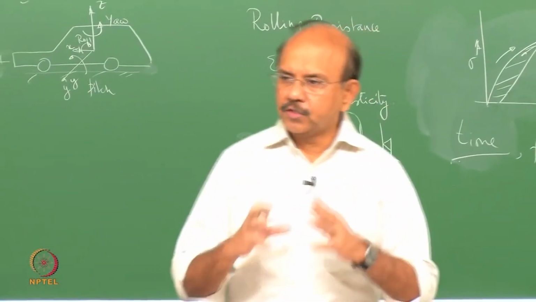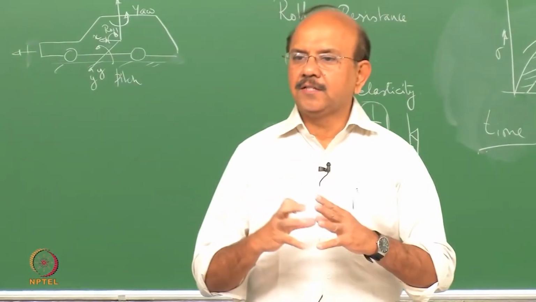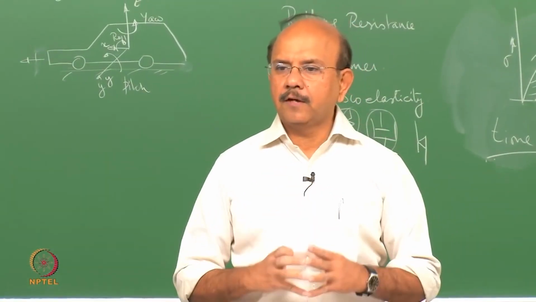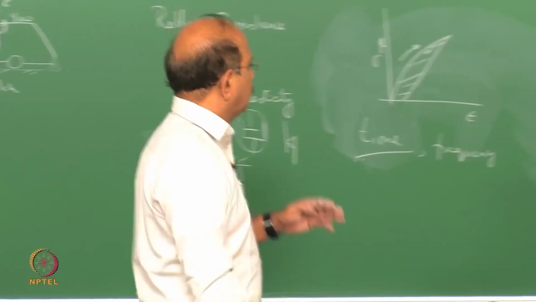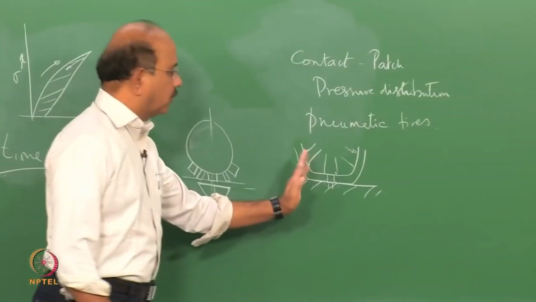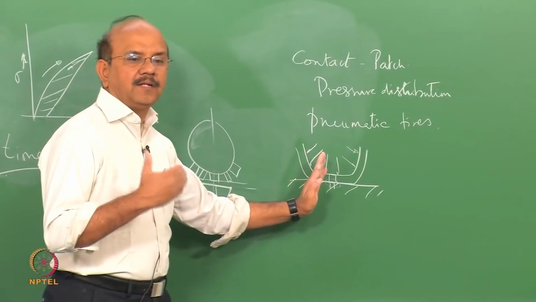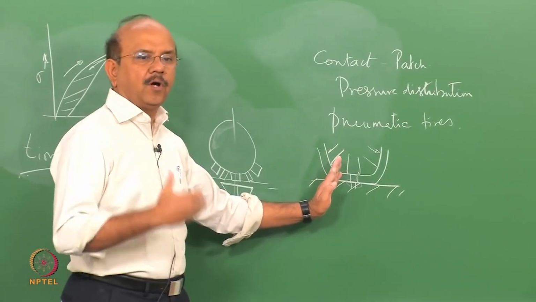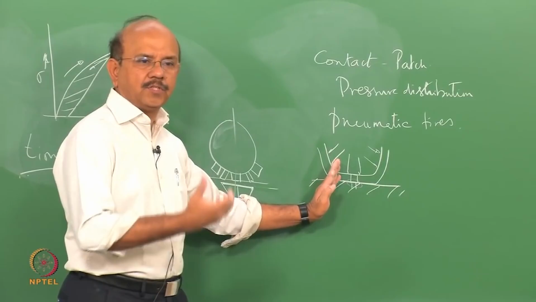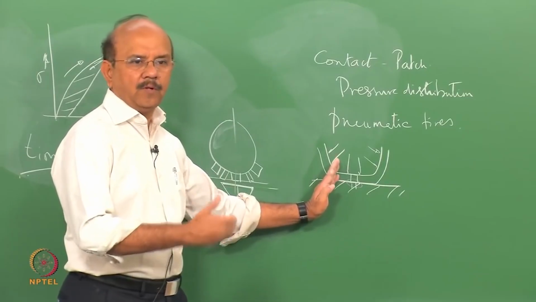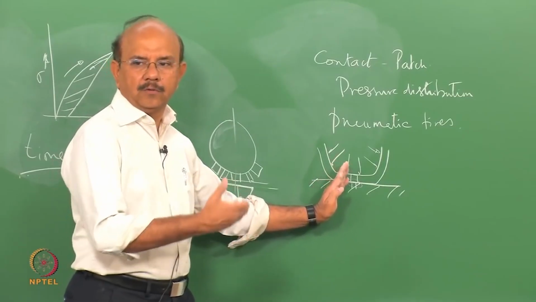It has a particular shape. We will study this after 2 or 3 classes. Now let me come back. There is a lot of theory as to how contact pressure develops, how contact pressure is distributed, whether it is uniform, whether it is not uniform, and all those things.